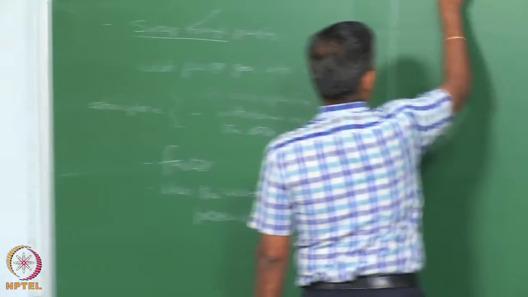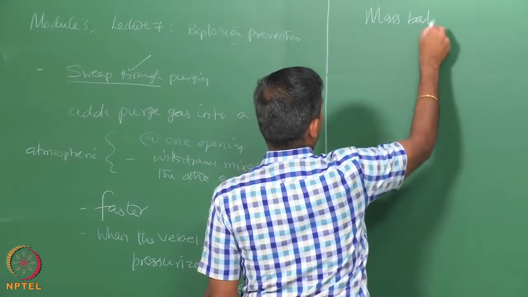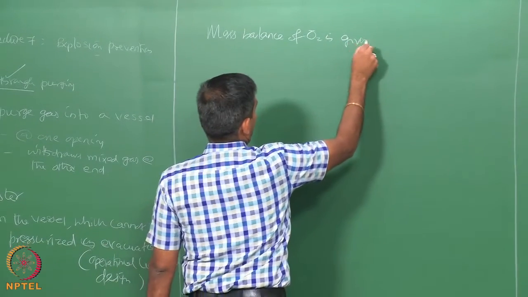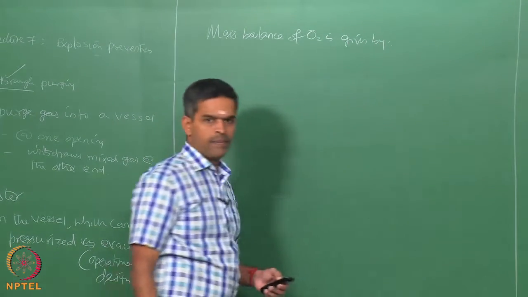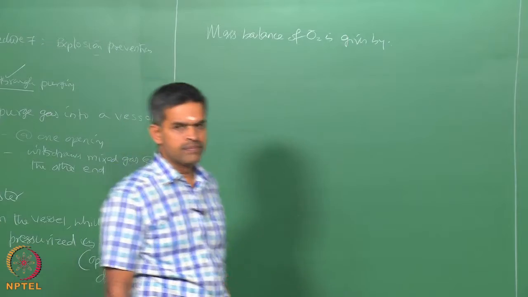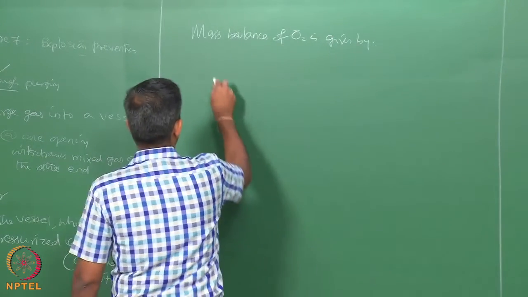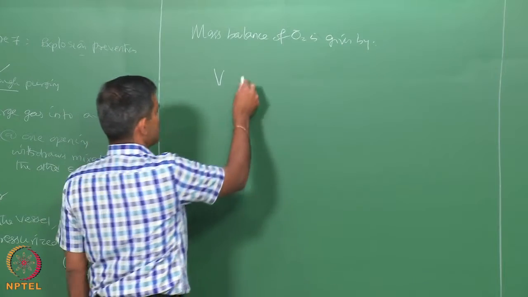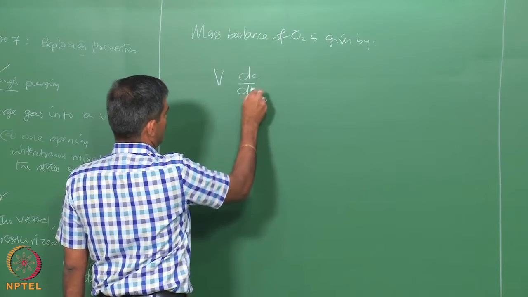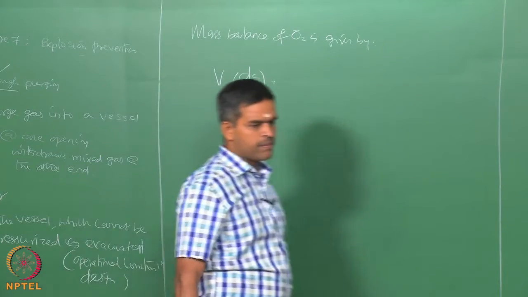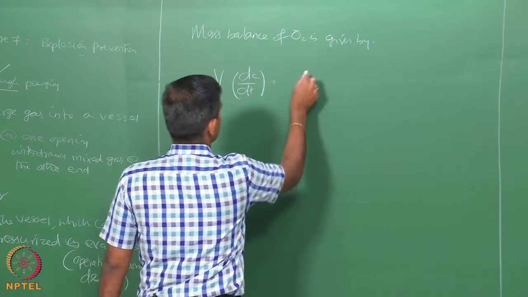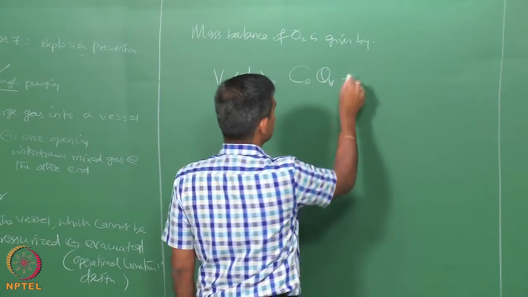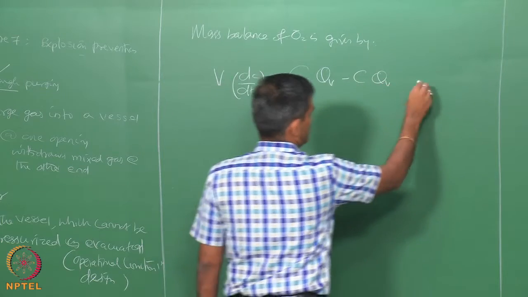Now, the mass balance of oxygen is given by V dC, the rate of purging, which is CO QV minus C QB equation.